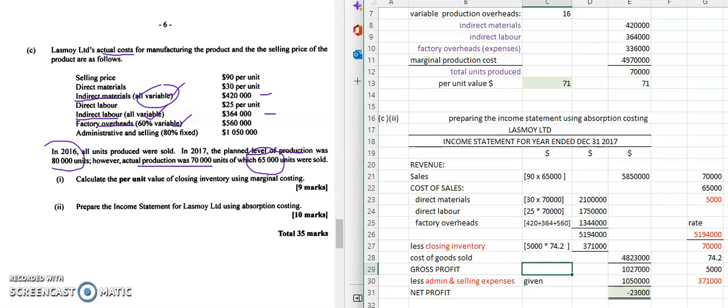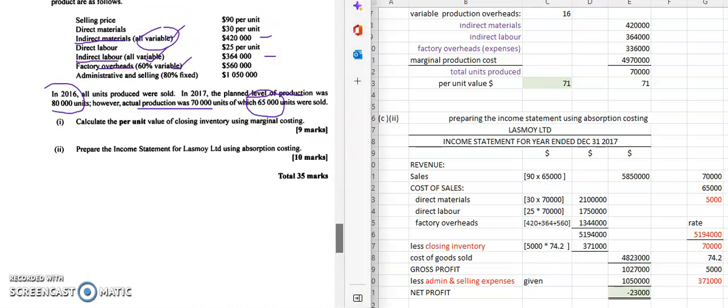And then we take out all the selling and admin expenses, whether they're fixed or variable, doesn't matter. All of them we've got to take out. So therefore, we're taking out the 1,050,000, and that leaves us with a net profit or a net loss in this case of $23,000, and that will be the end of that question.